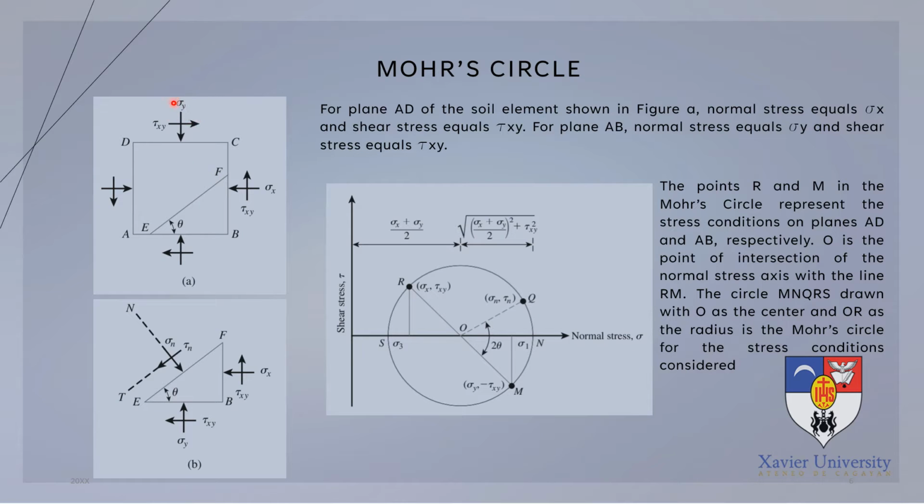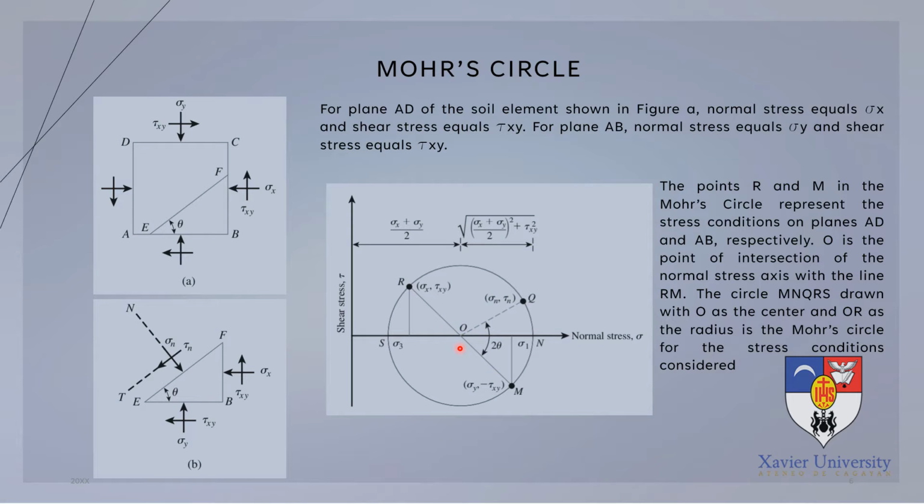So sigma y can be plotted along our normal stress axis, or the x-axis, as well as tau sub xy can be plotted along the y-axis. O is the point of intersection of the normal stress axis with the line RM, or that is the center of our circle.